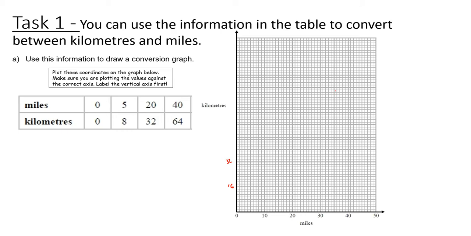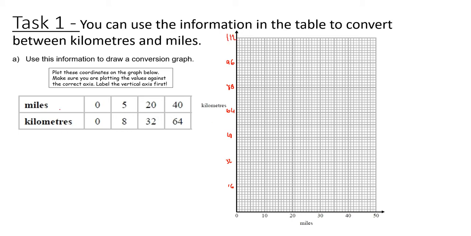Okay, so let's go through these answers quickly. So let's finish putting in our axes. So 16, 32, after 32 would be 48, and then we've got 64, and then we've got 80, and then we've got 96, and then finally we've got 112.